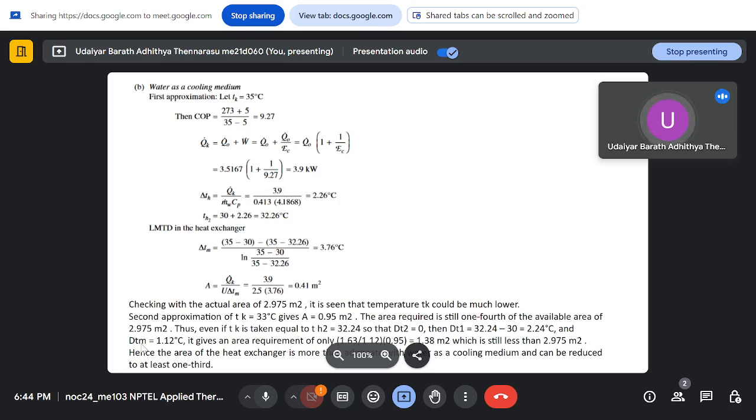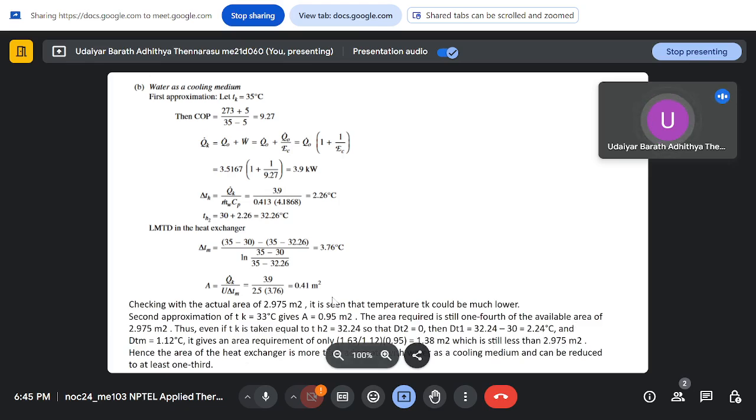So even if you take your temperature to be 32.24, so that mean temperature difference is 1.12, the area requirement comes out to be 1.38 meter square, which is still less than the actual area.